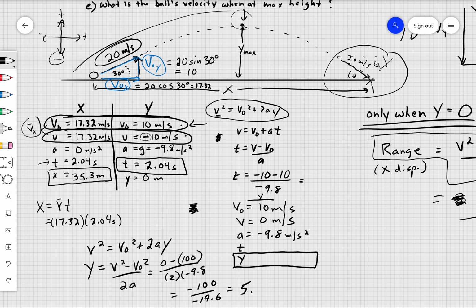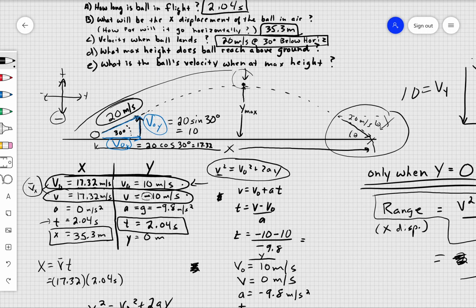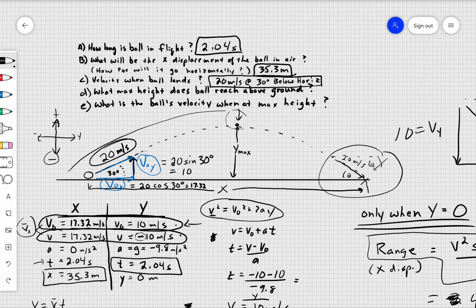Where did you put my calculator? Okay. There we go. 5.1 meters, so that is its maximum height reached above ground.